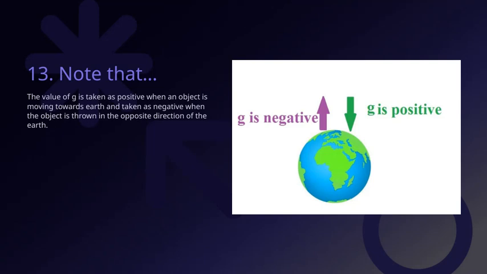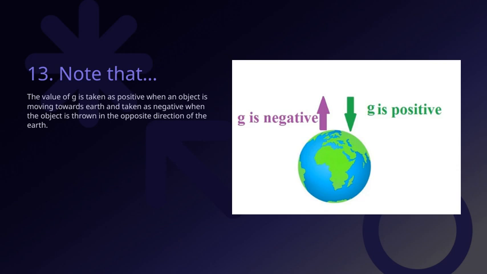All right, let's look at this important point. When we're talking about the acceleration due to gravity, which we denote as g, its sign depends on the direction of the motion relative to Earth. If an object is moving towards the Earth, we consider g as positive. Think of it as gravity pulling the object downward, reinforcing the direction of motion. Conversely, if the object is thrown in the opposite direction, away from the Earth or upward, we take g as negative.